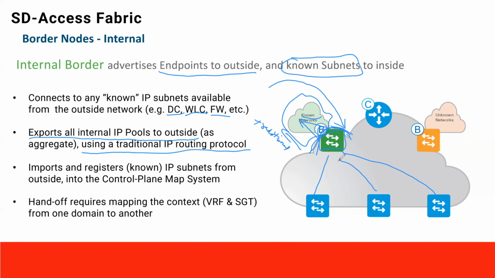Just a quick question. So this border node, can we have it as a V-edge, in case we are combining the SD access and SD WAN into the solution for a particular site? Can we have this border node as a V-edge there? Yes, we can have it, but the complexity increases because that specific device must be capable of handling the load of the V edge as well as the border functionality.